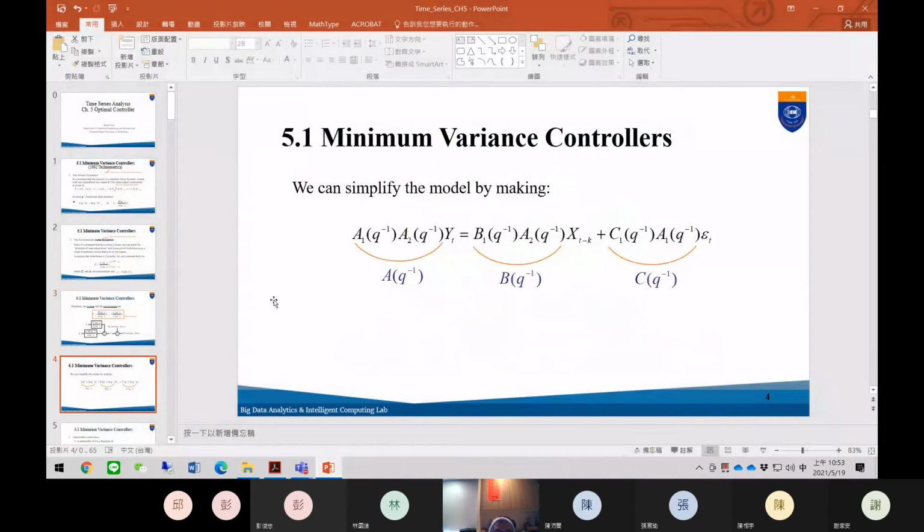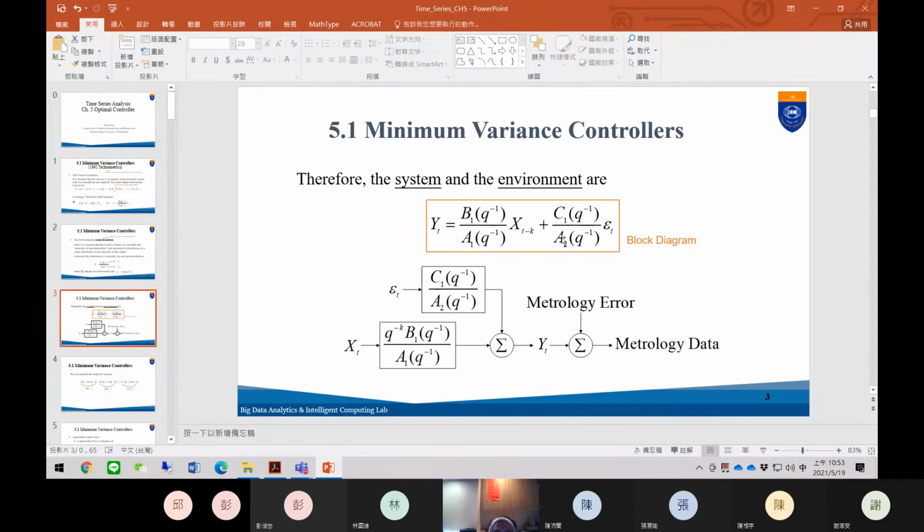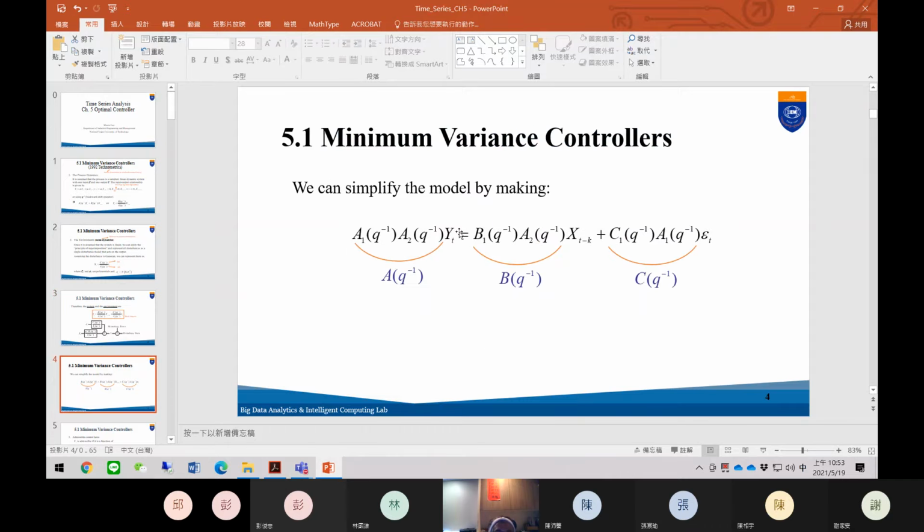Next page, the minimum variance control. We can simplify the model by multiplying A1, A2 on both sides. So A1 A2 Y_t, B1 A2 X_t minus K, this is the system delay, so this is the process dynamic. Then C1 A1 epsilon t.